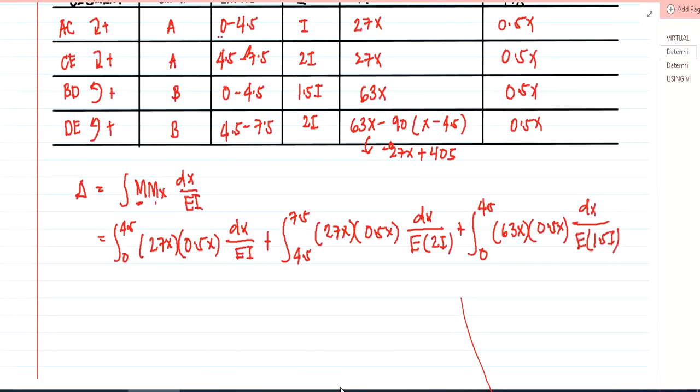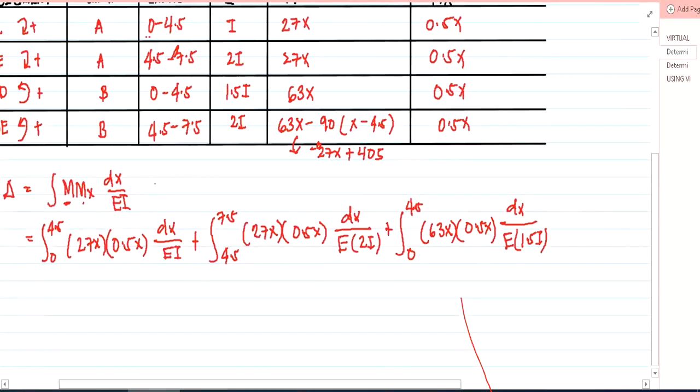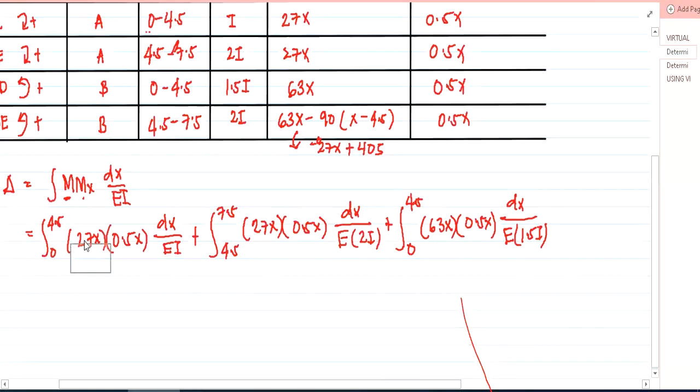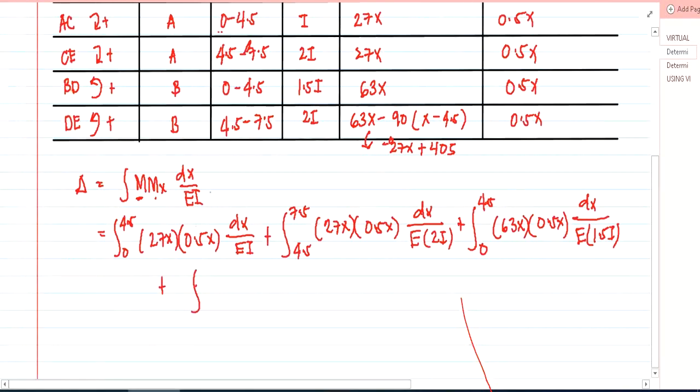And lastly, plus, limits 4.5 to 7.5, negative 27x plus 405 times 0.5x dx over E times 2I. So those are our expressions.